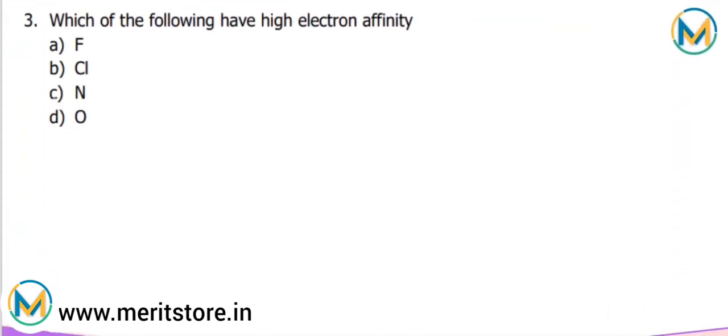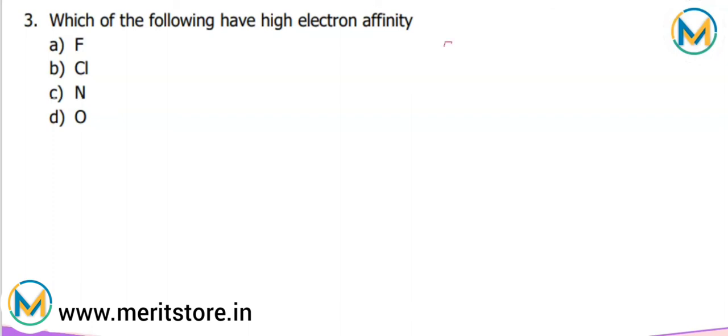Which of the following have high electron affinity? Now first of all, electron affinity. It is the amount of energy released when an electron is added into a gaseous atom.